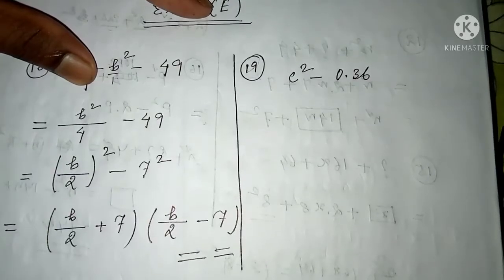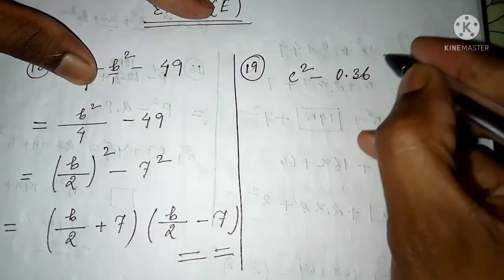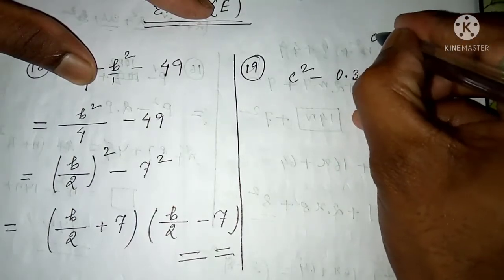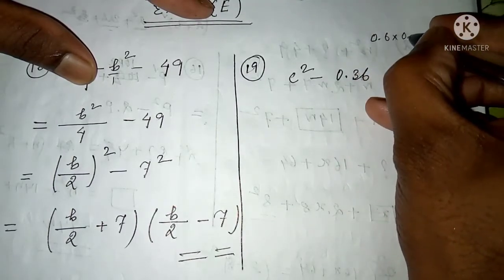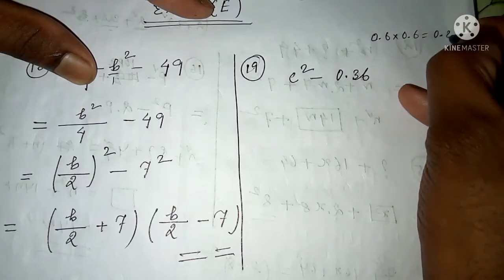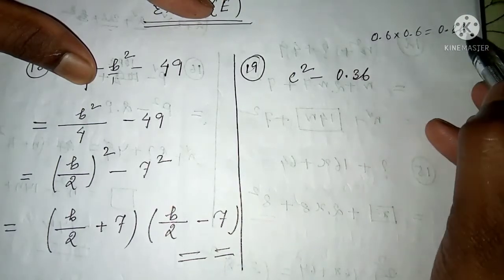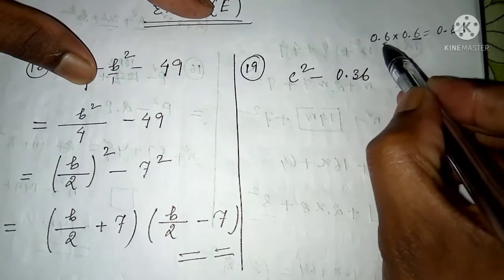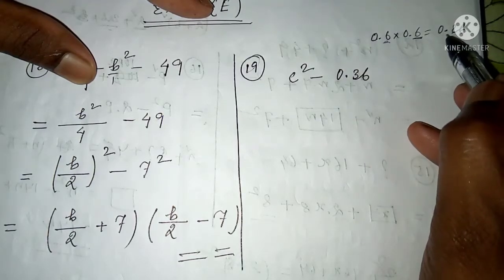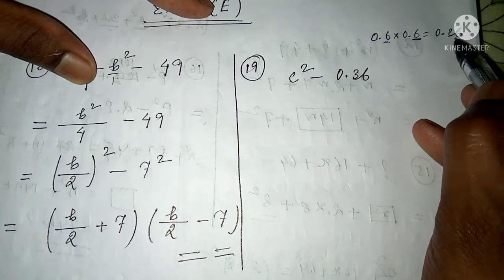Now the next question, that is your 19th: c square minus 0.36. Okay, now see, all of you know what 0.36 means. If I multiply 0.6 into 0.6, what will it give me? 0.36, because 6 into 6 is 36. Here one place, here one place, that means on the right side of the decimal I must have 2 places, that is your 36.